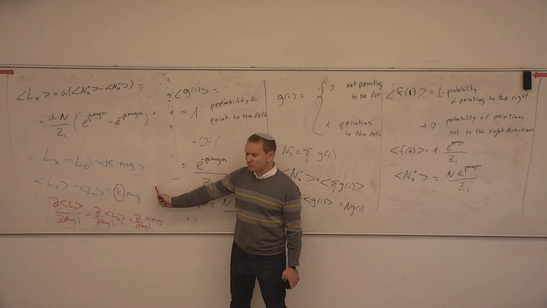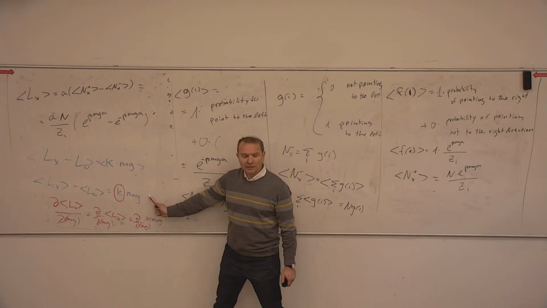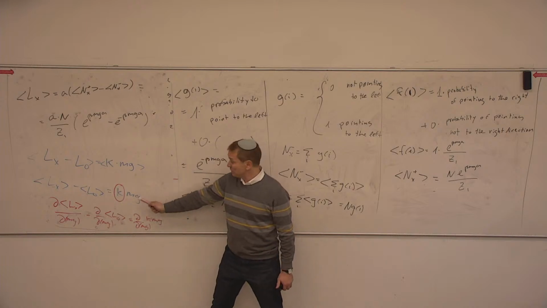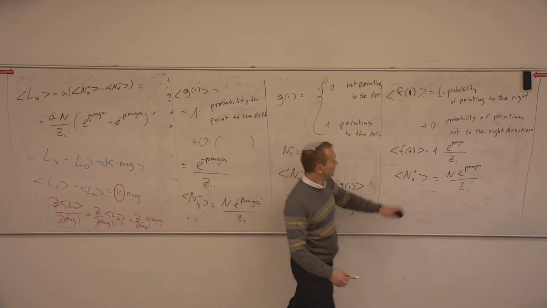Because when I take the derivative of a constant multiplied by something with respect to that something, in my case mg, I'm left only with this constant.